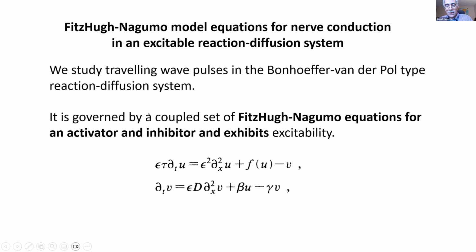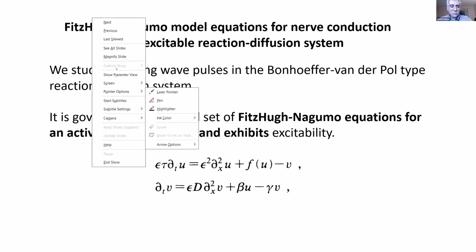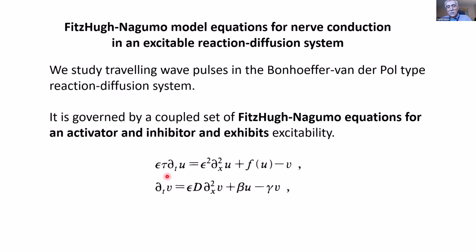Basically, we have a system of partial differential equations. In this system, the dependent variable u is the activator, and it depends on time, so there is a partial derivative with respect to time.